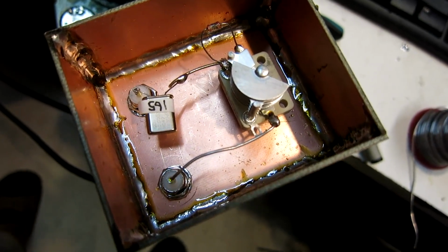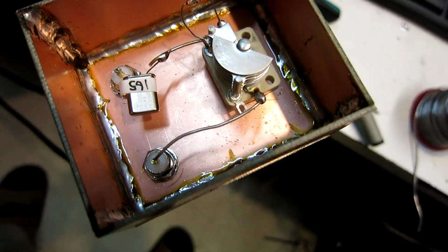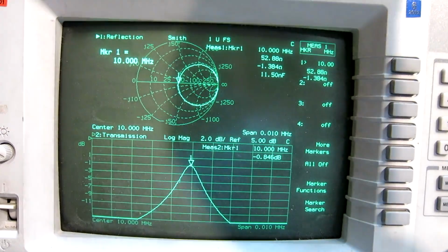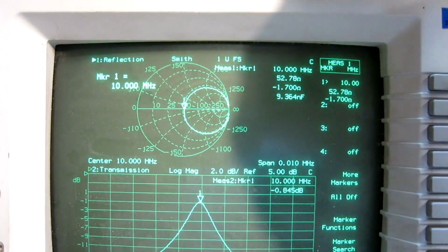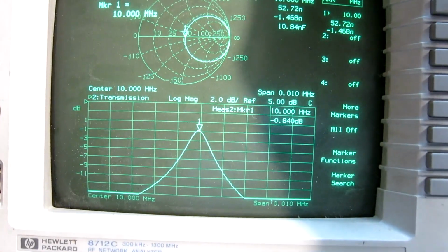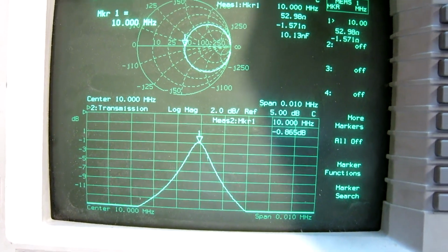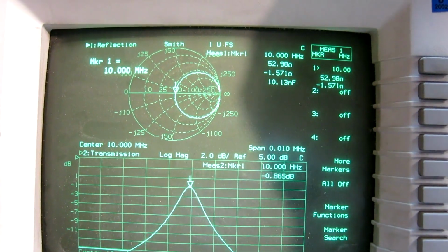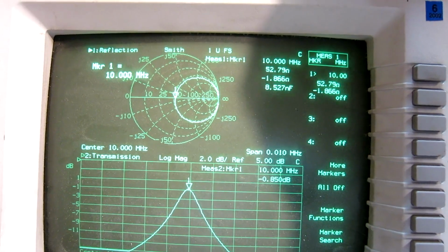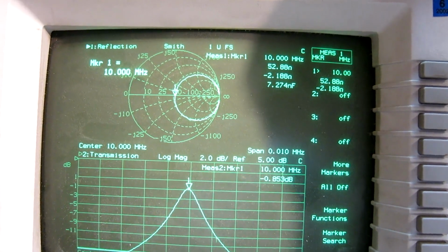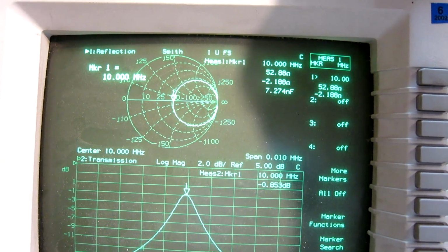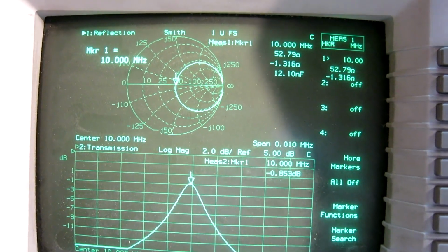Here is a filter with a single crystal. It behaves like this: 50 ohms and 0.8 dB loss. This is a little bit surprising. One should have expected an impedance a little bit higher than 50 ohms, because there is a series impedance in the crystal.